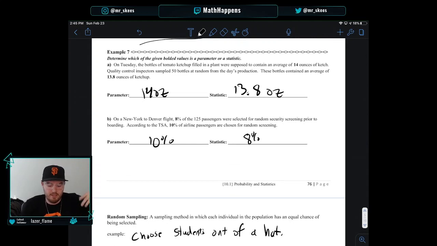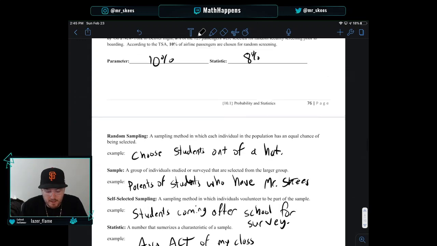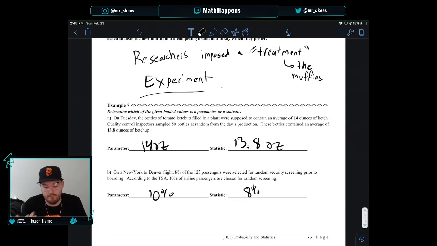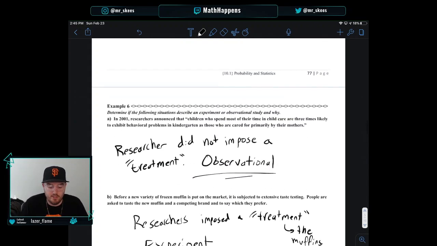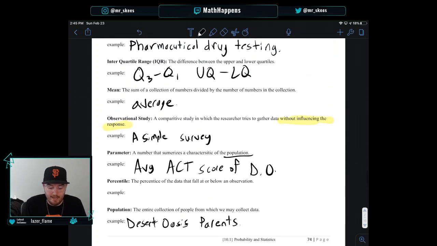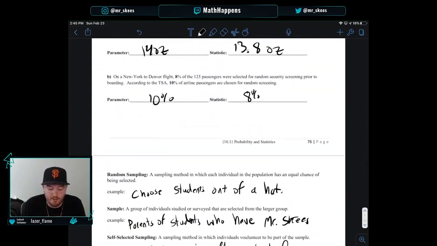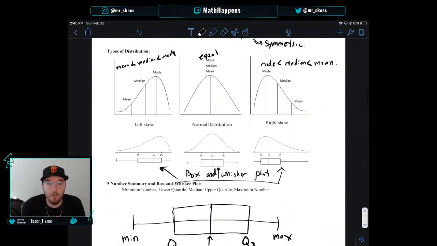Systematic versus convenience, parameter versus statistic, and population versus sample. I'm elaborating on it a lot to help you get in the groove as to what these mean, but once you know what they mean, you either know it or you don't. So these definitions are quite important. I don't know if you're going to put them on a note card or not, but they're definitely worth knowing.